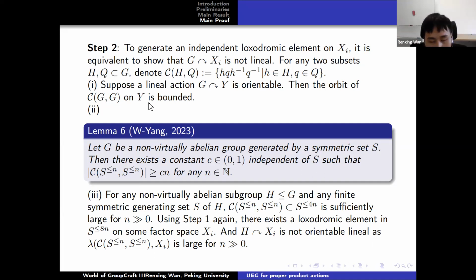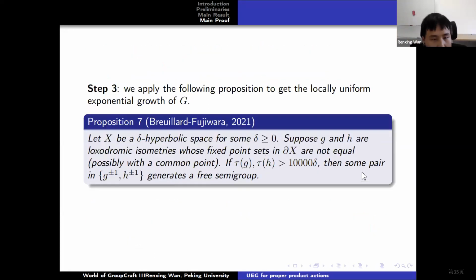Otherwise, it will contradict with the first fact. The first fact says that an orientable linear action will imply a bounded displacement. Until now, we can get two independent elements.